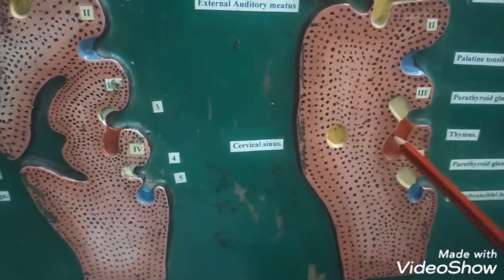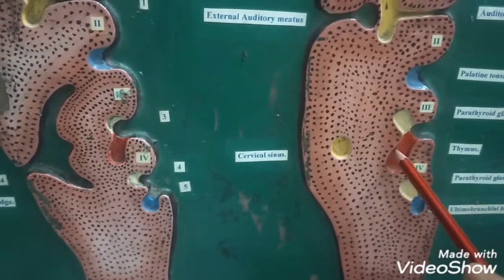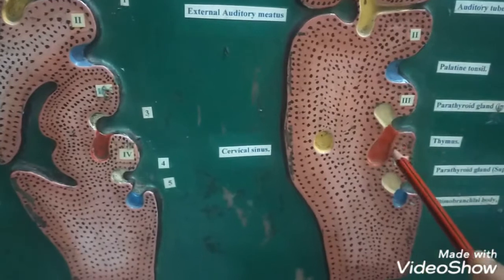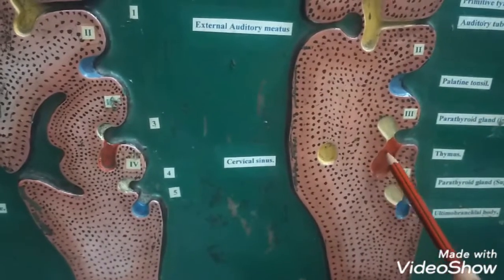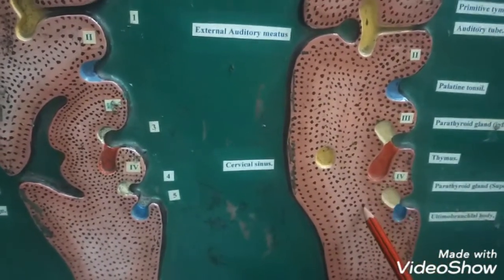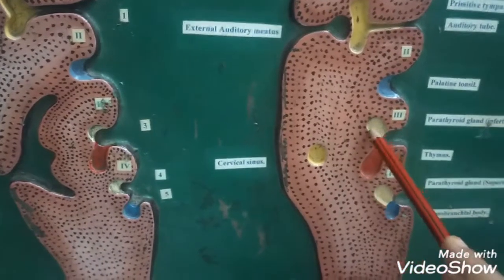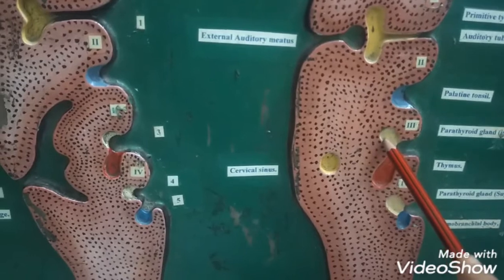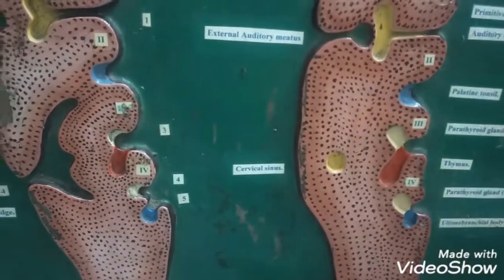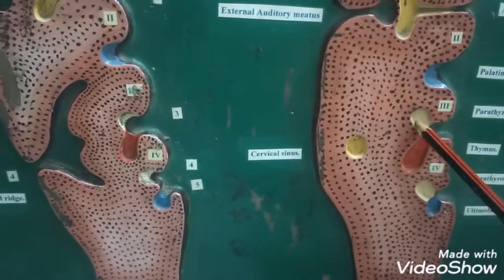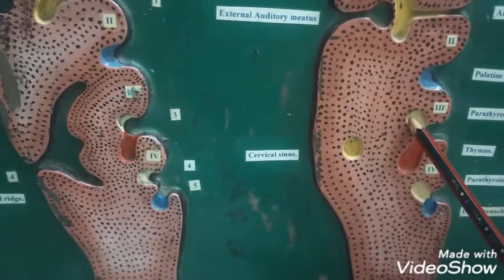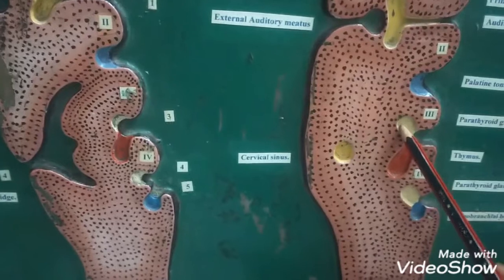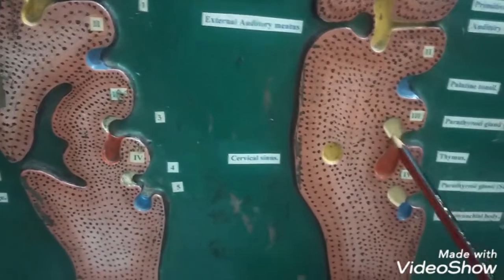Both these gland primordia lose their connection with the pharyngeal wall, and the thymus then migrates in a caudal and medial direction, and it pulls the inferior parathyroid gland with it. The parathyroid tissue of the third pouch finally comes to rest on the dorsal surface of the thyroid gland and forms the inferior parathyroid gland.